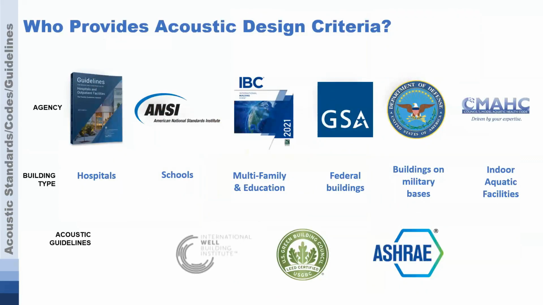And in looking at that, there are now a number of agencies that actually provide acoustic design criteria and/or guidelines or code requirements for the different building types. So first and foremost, we have listed on here the Facilities Guidelines Institute, FGI guidelines for hospitals.